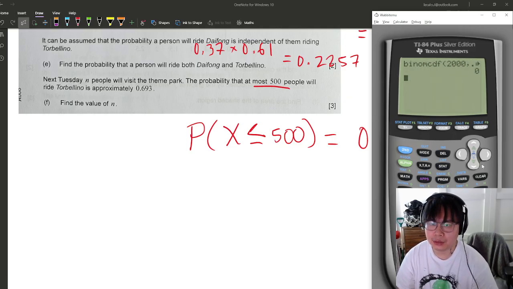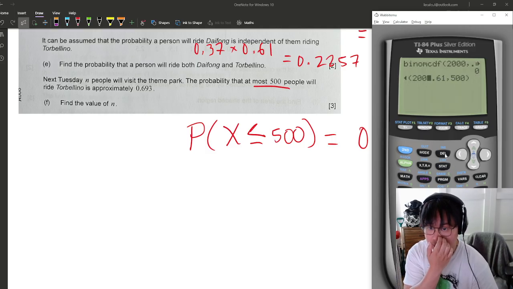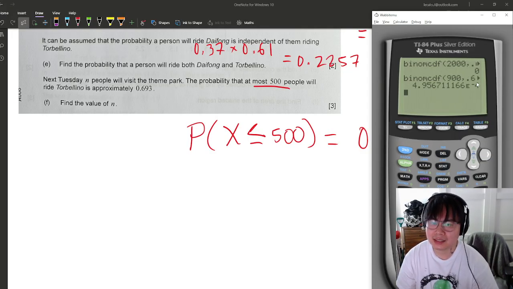Okay, boom, 0%. So that means that my 2,000 is too much. So let's start with 900 instead. Very unlikely. Okay.